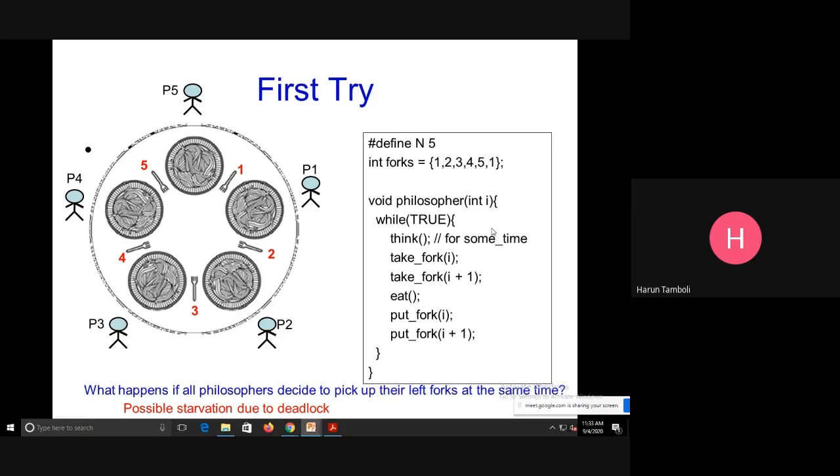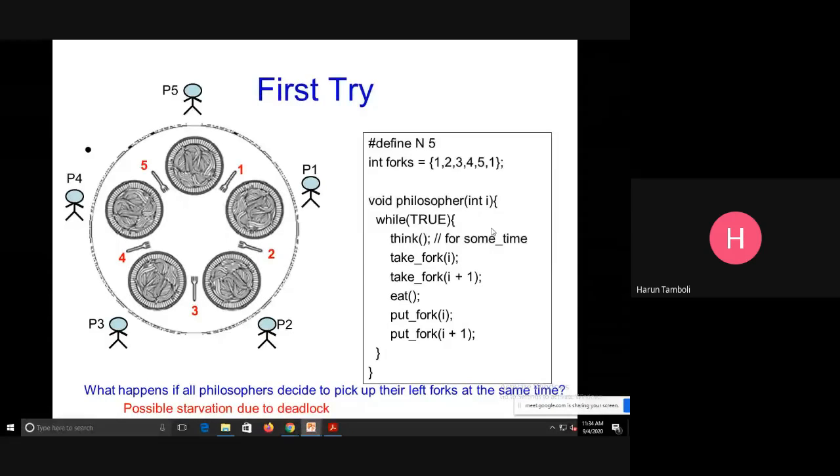How? Suppose philosophers P1, P2, P3, P4, P5 all try first to occupy their chopstick, and they will get it. P1 will get the first chopstick on the right side, P2 the second chopstick, P3 the third, P4 the fourth, and P5 the fifth chopstick. All of them get their right chopstick.